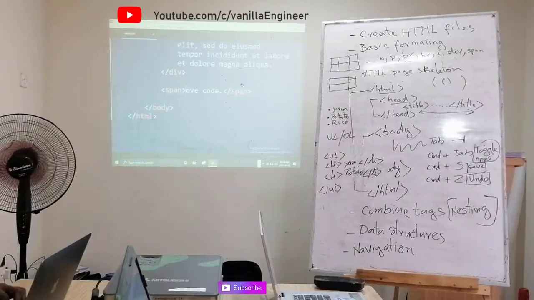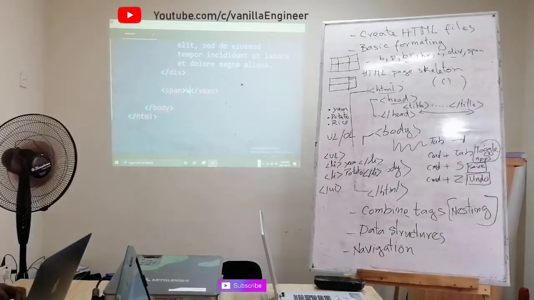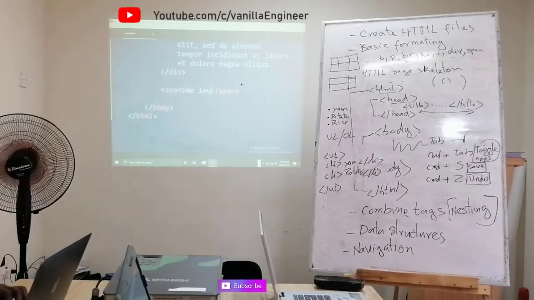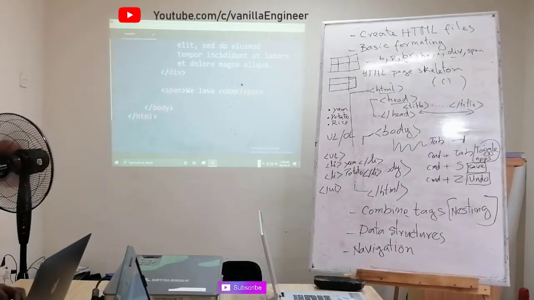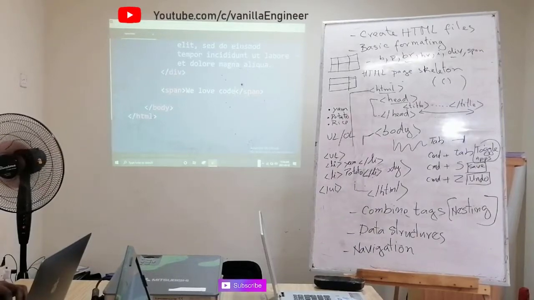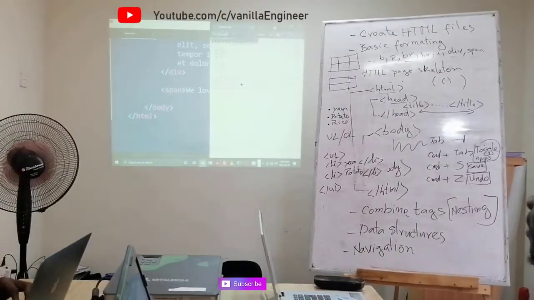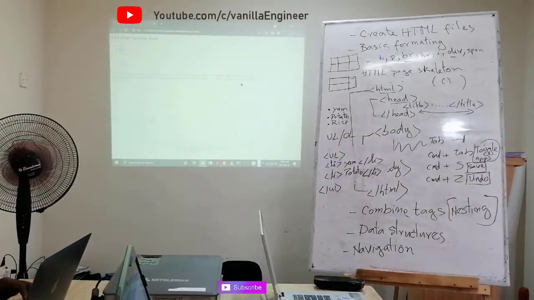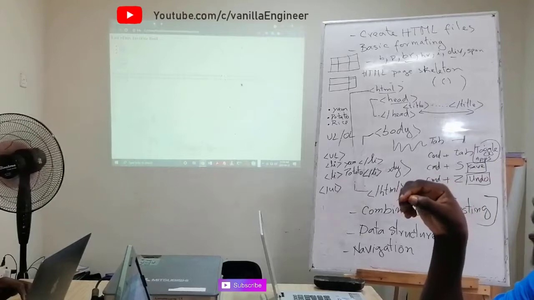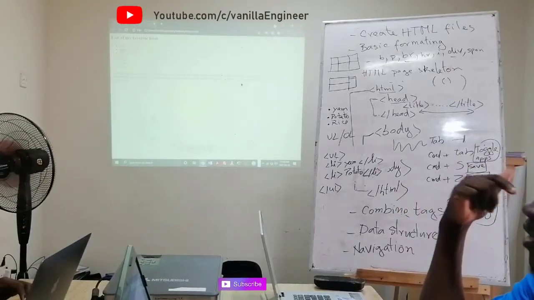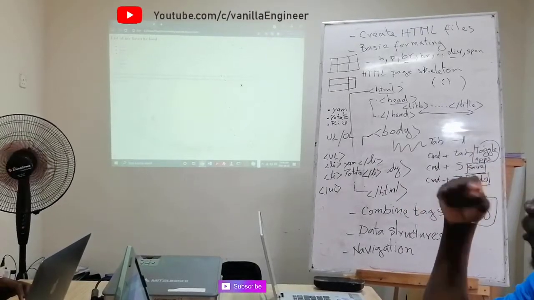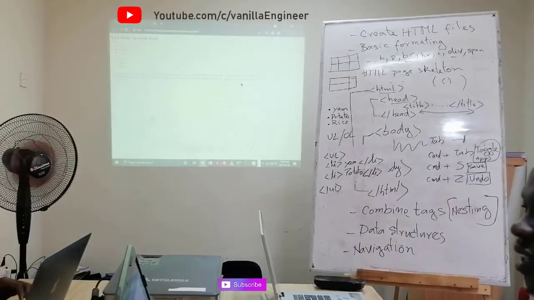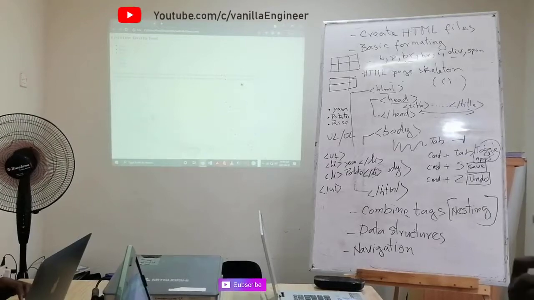Then we go to the browser again and reload. You can see the div before the span did not allow the span text to follow it. It sent the span text down. You got that? Good.